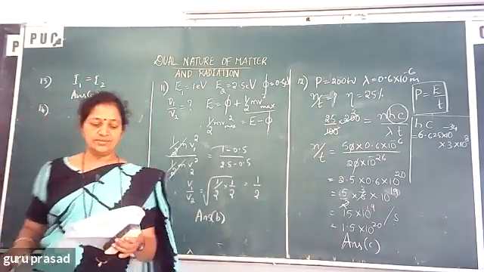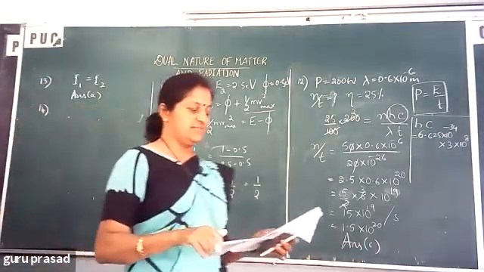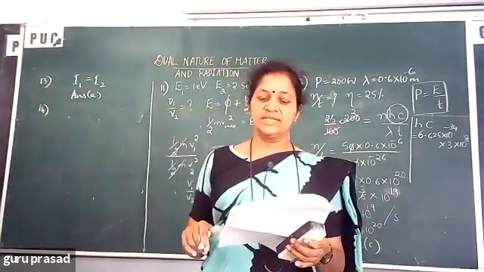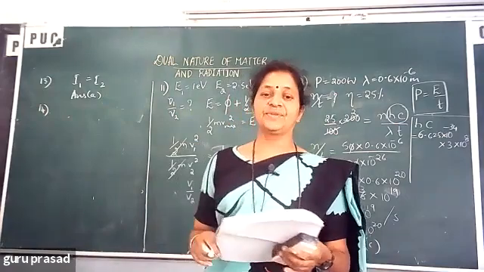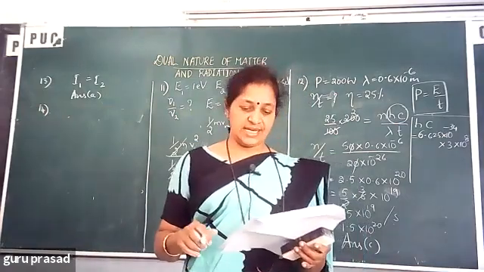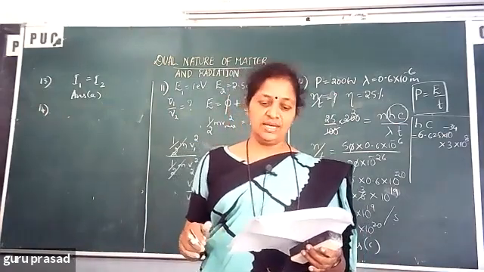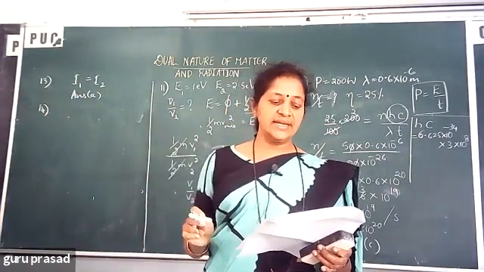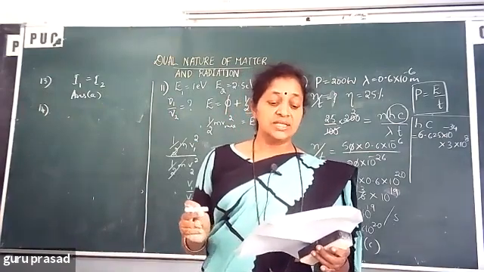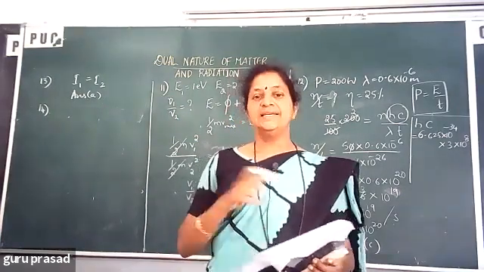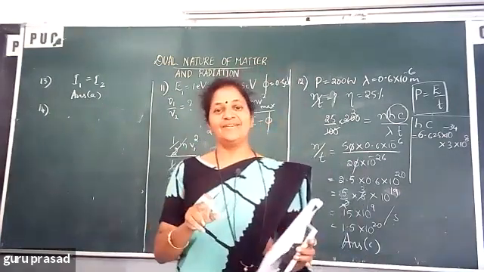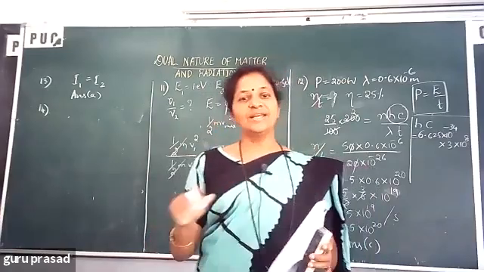Next, 14th one. The work function of a surface of a photosensitive material is 6.2 eV, given in terms of electron volt. The wavelength of the incident radiation for which the stopping potential is 5 volt lies in which region? You have to get the wavelength value, then only you can understand.